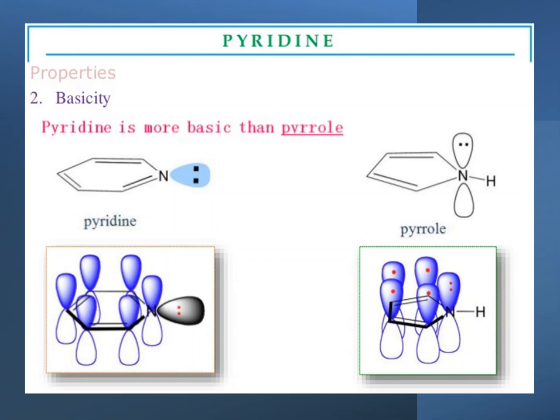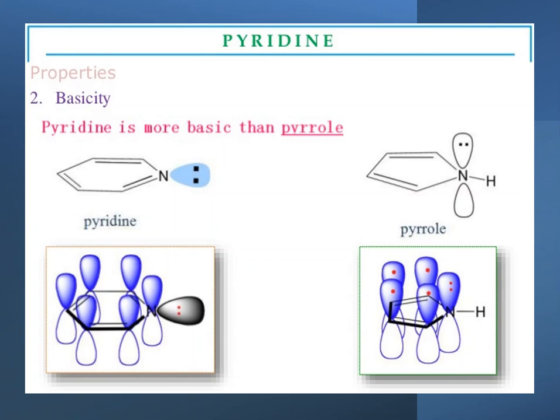Whereas in case of pyridine, you can see the lone pair of electrons is free and available. That's the reason why your pyridine is more basic than your pyrrole. So the most important thing for the basicity is availability of your lone pair of electrons. In case of pyridine, the lone pair of electrons is available, whereas in case of pyrrole, the lone pair of electrons is not available.